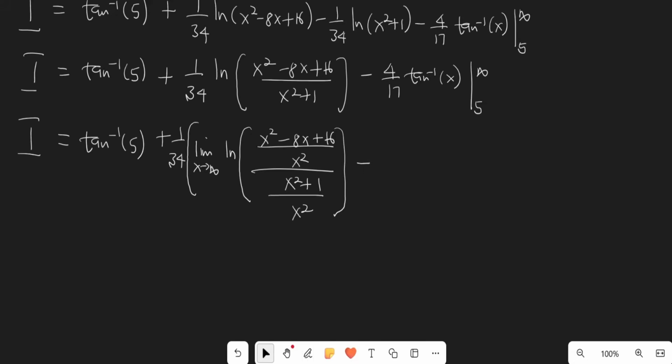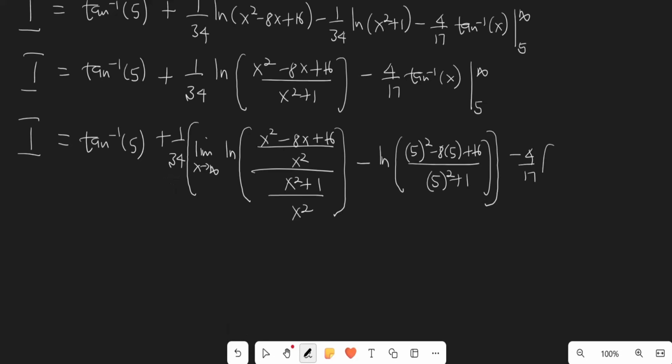The lower limit, when you plug in 5, that is going to be the ln of 5 squared minus 8 times 5 plus 16, divided by 5 squared plus 1. This is what we have for the lower limit. All this is multiplied by 1 over 34 in front. Alright, minus 4 over 17.